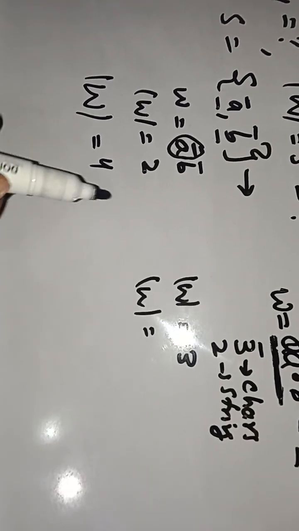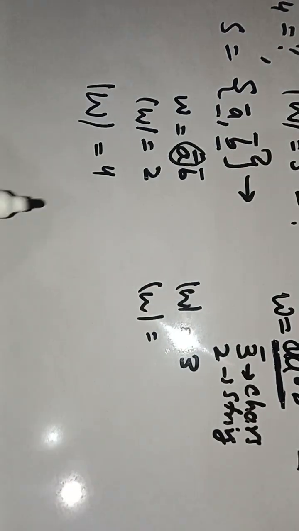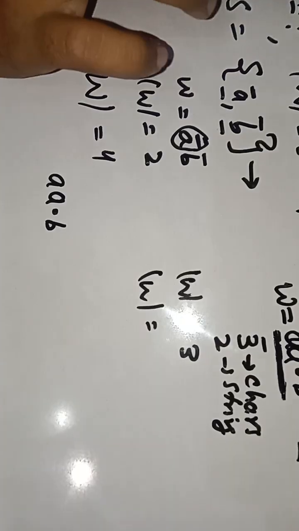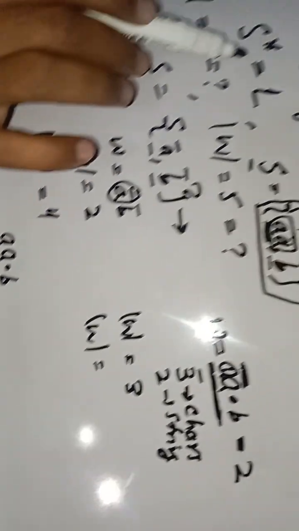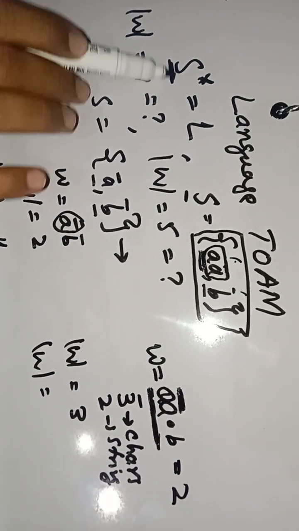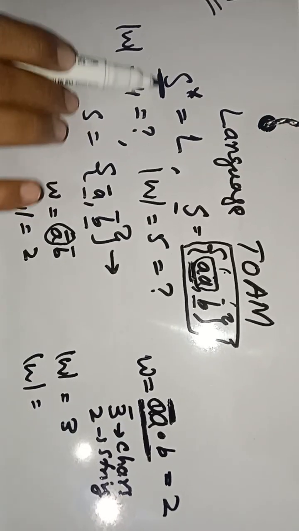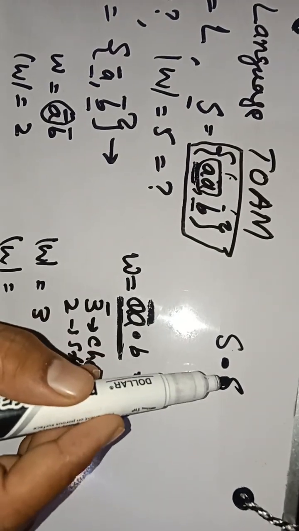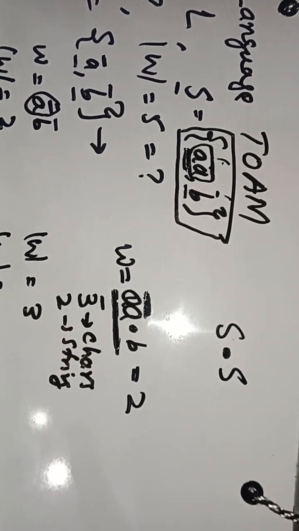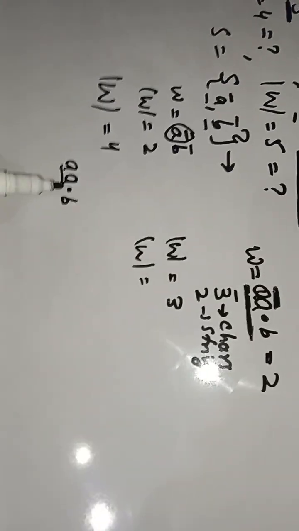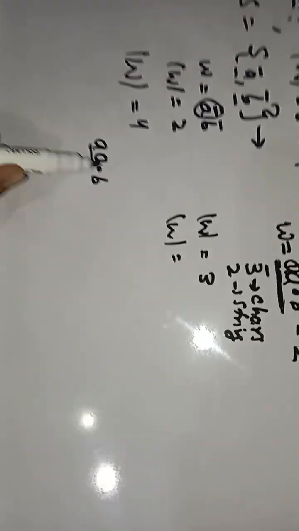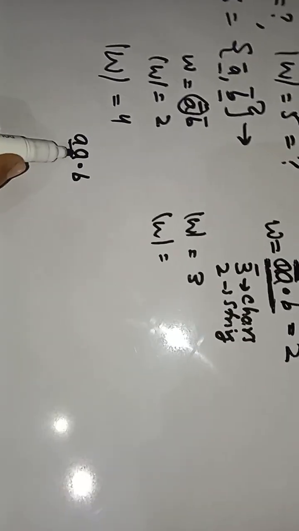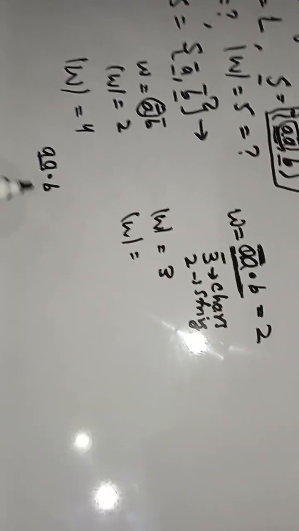In this scenario, if I'm making a word of AA concatenated with B, as Kleene star is nothing but closure under concatenation, the concatenation of S with S, then AA dot B is considered as length 2.